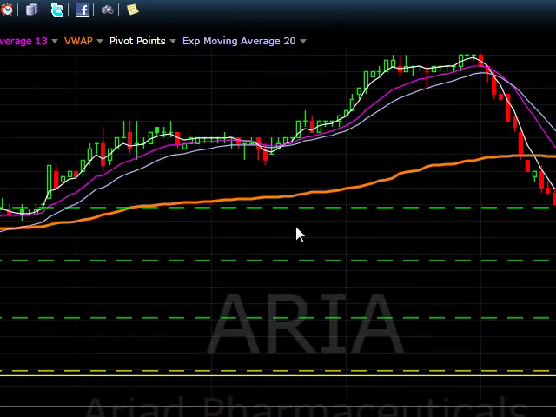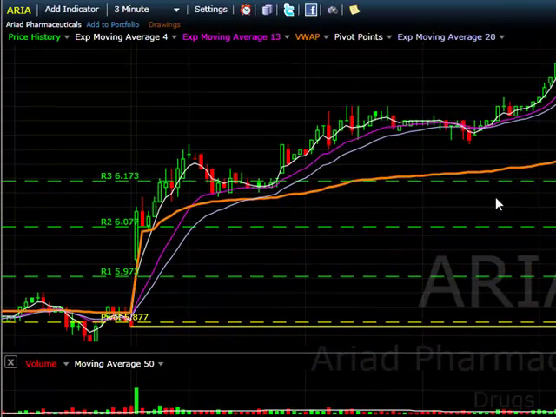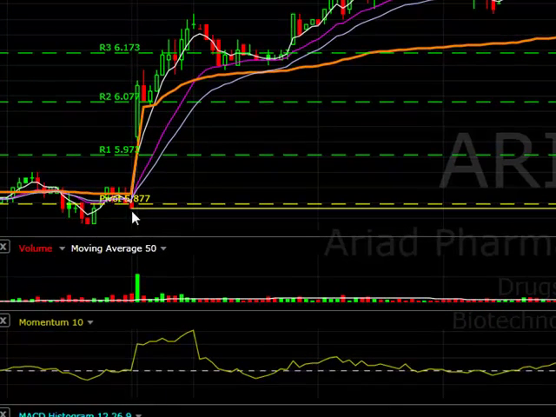Now, if we would have picked up ARIA on the scans this morning or Friday morning, either through scans in your trading tools or on Twitter or what have you, we would have seen the morning gap. So the yellow line is Thursday's close, right? The solid yellow line.